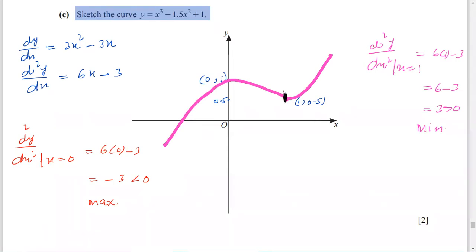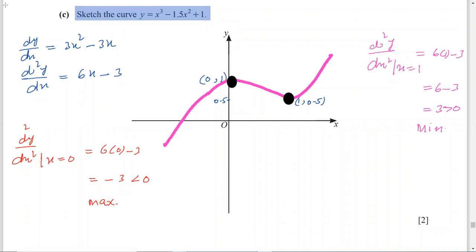This point is the minimum, and this point is the maximum point. In this way, part C for this question number 12 is also completed.